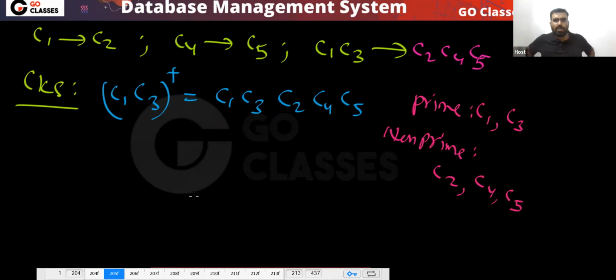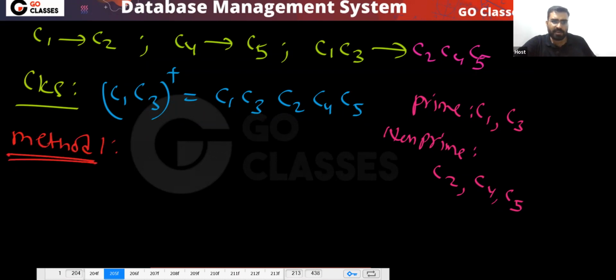Is this relation in 2NF? Basically, check this. Method 1 is candidate key determining non-prime. Does it happen partially?